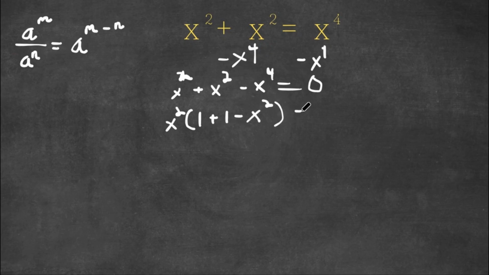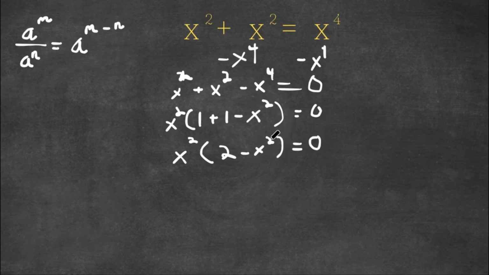And this is equal to 0. Now 1 plus 1 is 2, so now we have x squared times 2 minus x squared equal to 0. And now this gives us two equations.